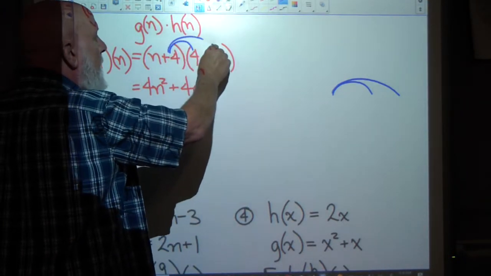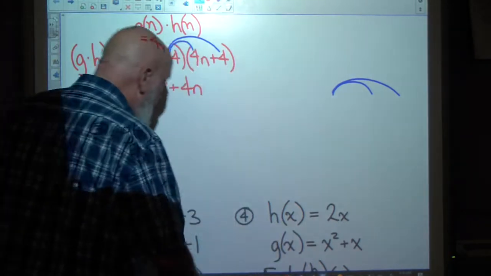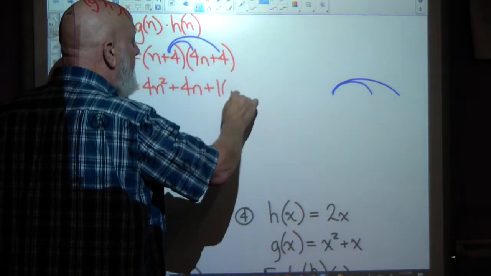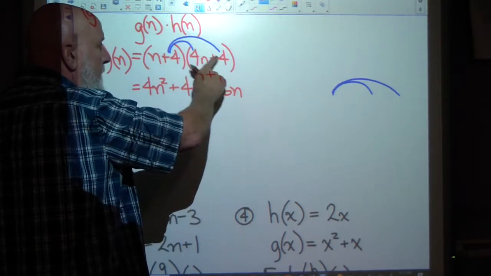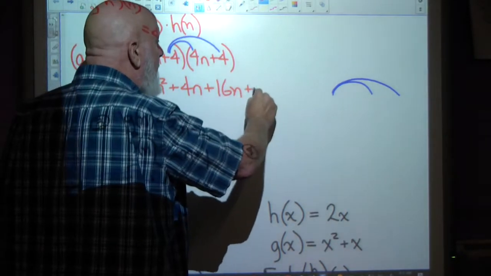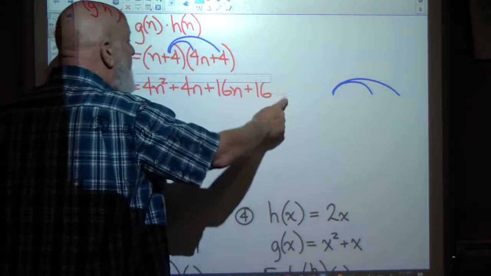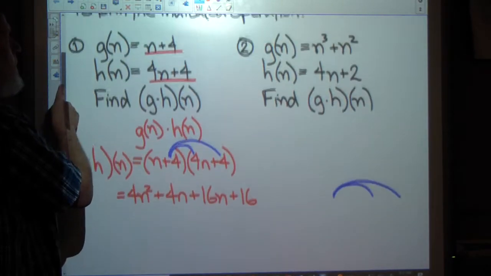There's the O, the I and the L inside and last for FOILing. And this will be 4 times 4n is plus 16n. And then plus 4 times 4 is positive 16, since they're both positive. So there we go. This is our product of those two functions.